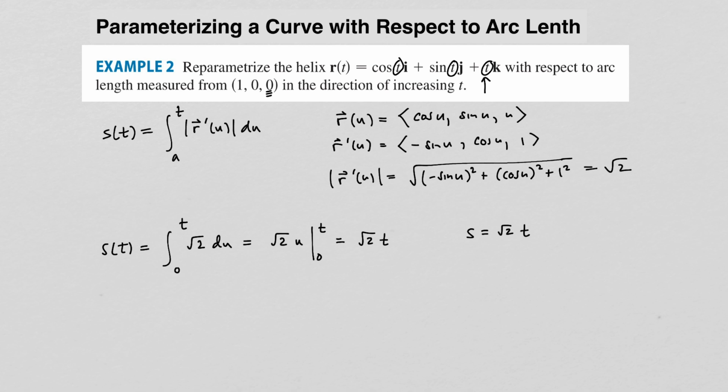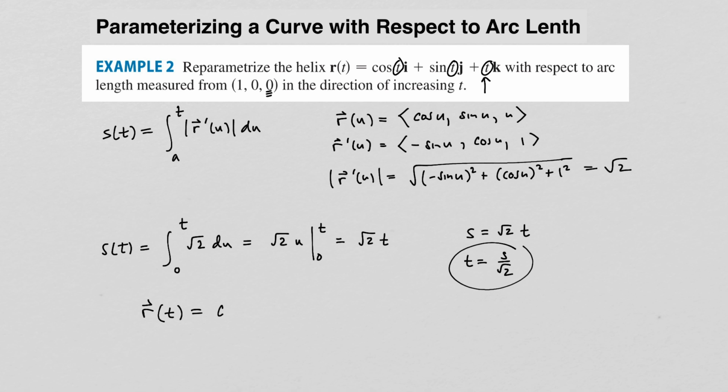So if I want to re-parameterize this function, all I need to do is take this equation and solve it for t. So t equals s divided by the square root of 2. And now we're simply going to make this substitution into our original r of t.